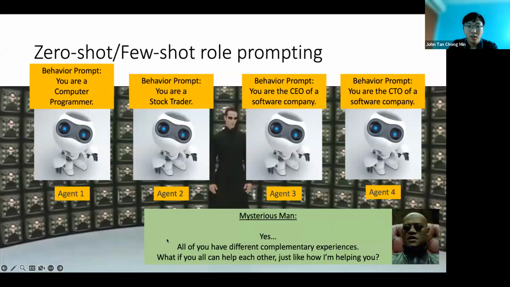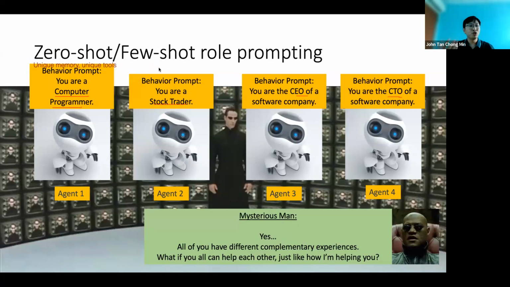Large language models can be prompted quite flexibly. You can give it a role, for example, a computer programmer, a stock trader, a CEO, or a CTO, the chief executive officer and chief technical officer of a software company. You can give it its own unique memory and unique tools for each of these agents.